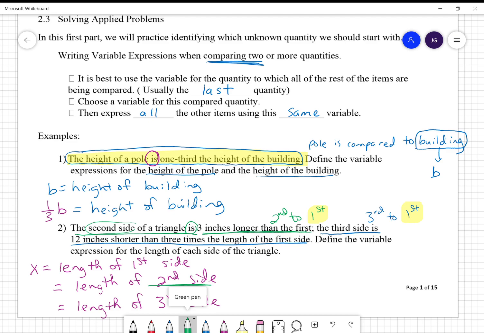Well, if it's 3 inches longer than X, that would be X plus 3. The third side is 12 inches shorter than 3 times the first side. 12 inches shorter, take away 12, 3 times the first side, 3x. And we're not solving anything. This is just what we're practicing right now.